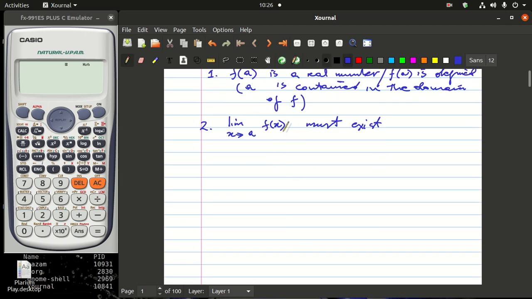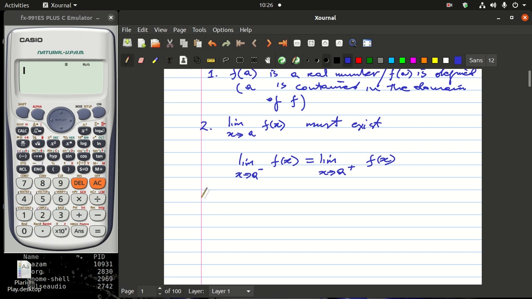What do we mean by saying the limit must exist? We mean that the limit as x approaches a on the left of f of x must be equal to the limit as x approaches a on the right of f of x. That's what we mean by saying that this limit must exist. So the left and right must also be equal.